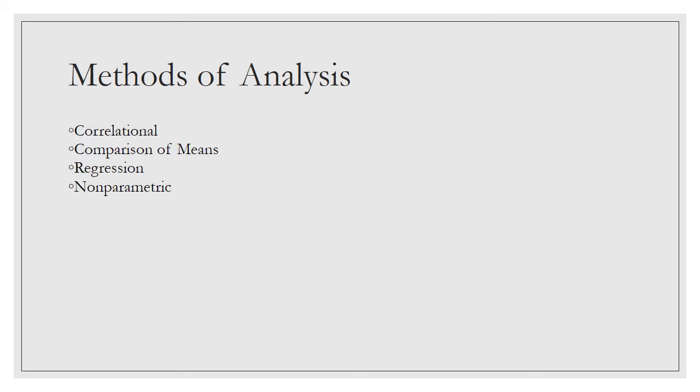We can break down the methods of analysis even a little bit further. We talk about correlational methods, and those methods really are just looking for associations between variables. Then we have comparison of means, which are methods where we're looking for differences between pairs of means or between groups of means.